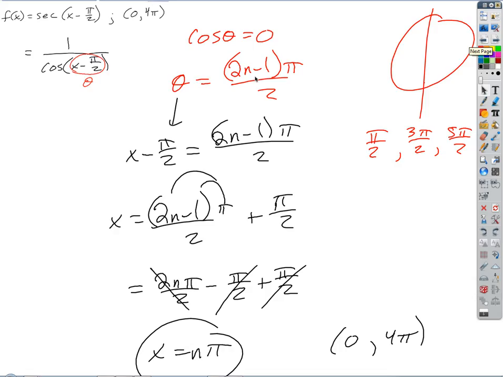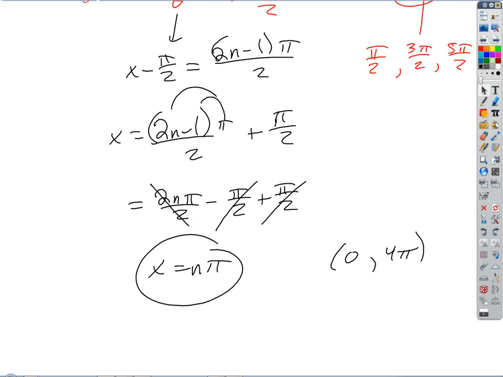So 2n minus 1 times pi over 2, and then we figured out which values of n were going to give us results for x that were inside our domain. Theta is really x minus pi halves, so we just did the algebra. We distributed the pi halves, we solved for x, and we got the answers. x equals n pi.